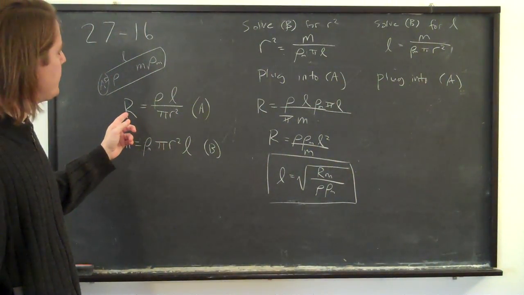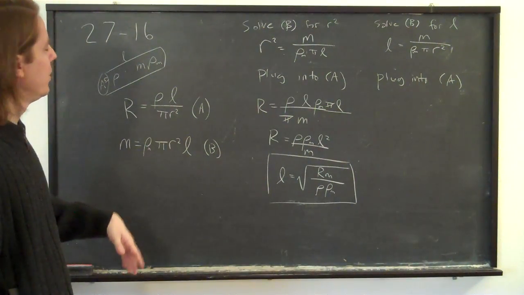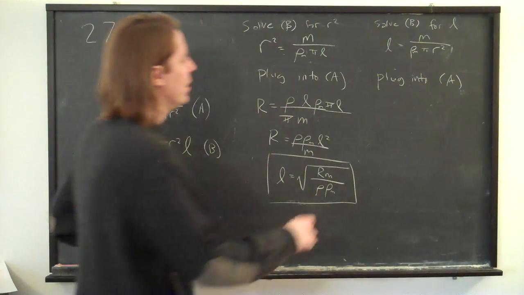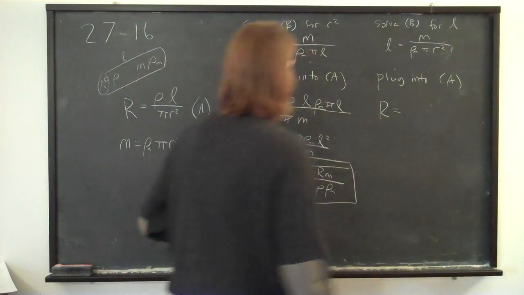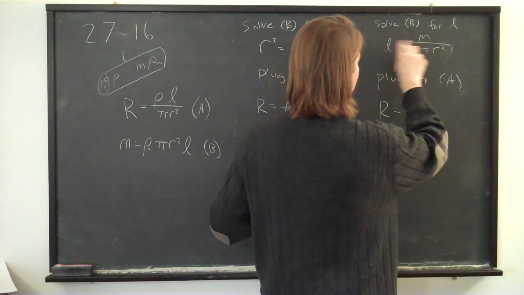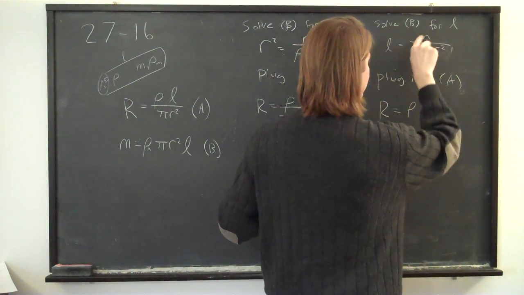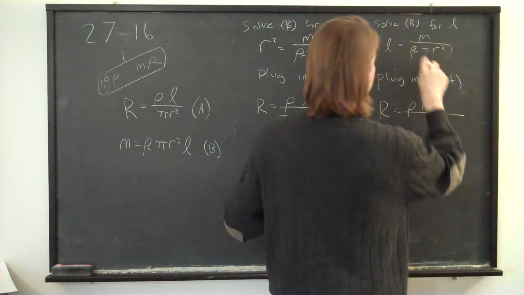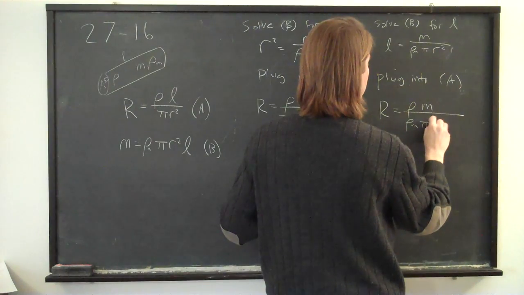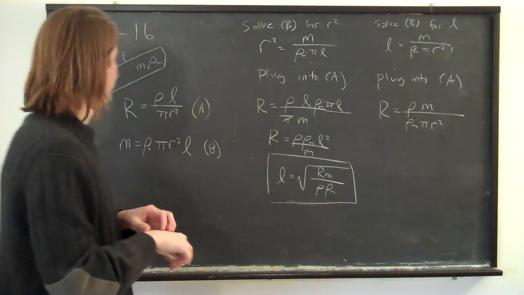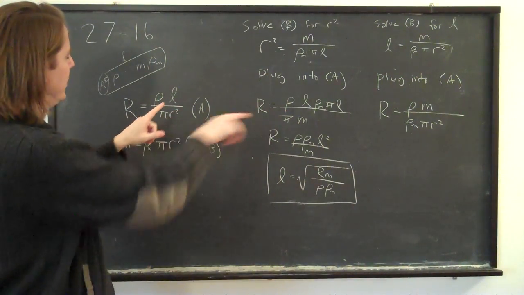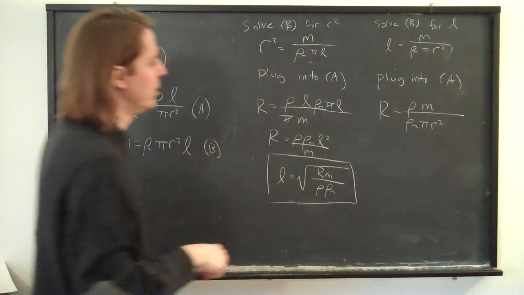Or no, we wouldn't want to solve it for pi r squared. Let's just go ahead and plug it in. R equals what? Rho times L, and L is now what? L is m, and in the denominator we have to put rho m pi r squared. So that whole part is just rho times L, and L put some things in the denominator, and then we still have another pi r squared in the denominator.